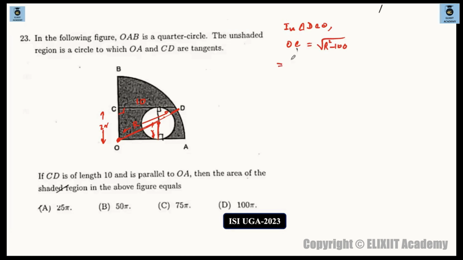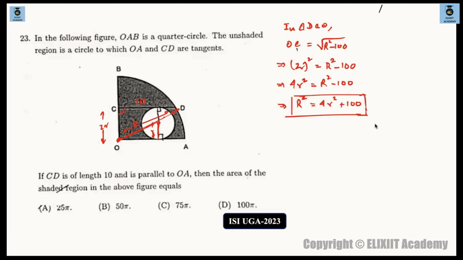OC is given as 2r, so 2r whole square is R square minus 100. So 4r square is R square minus 100, meaning R square is 4r square plus 100. We are getting one relation in terms of capital R and small r.